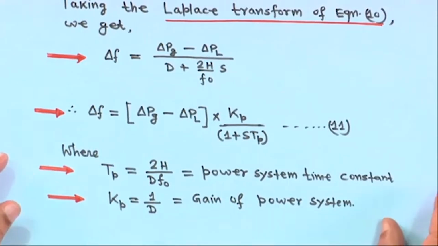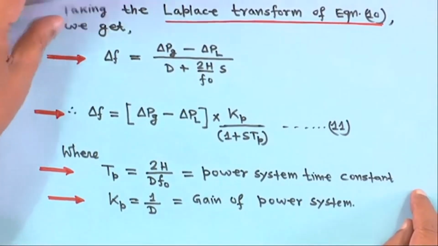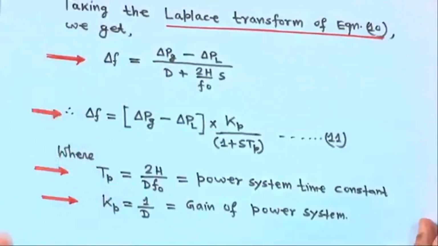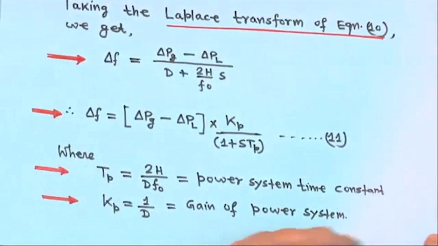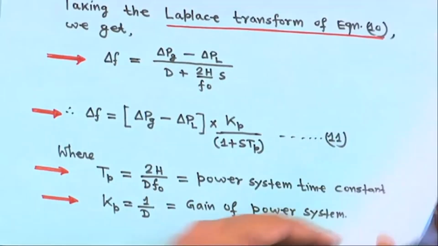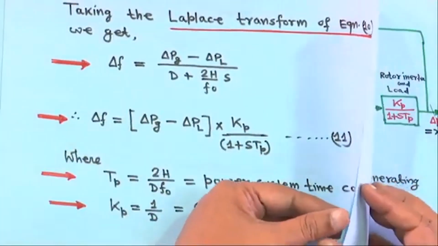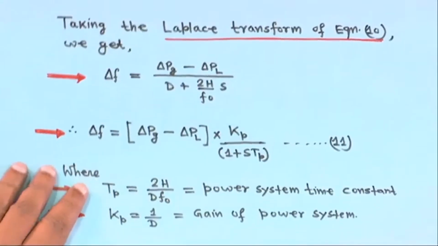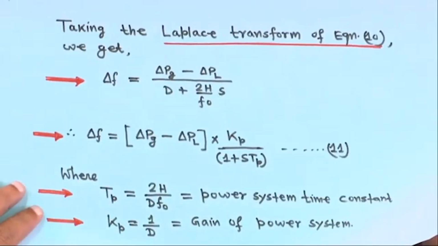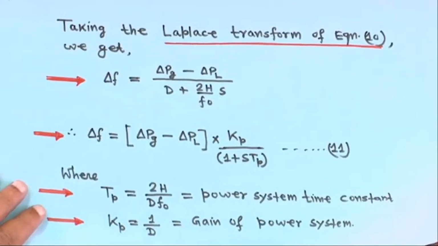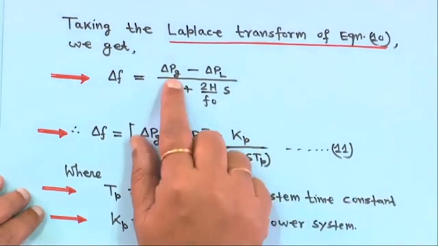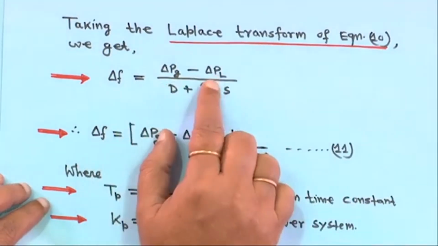So, with this we got the governor transfer function, the turbine, and the generator. Sometimes we call this the power system transfer function or generator transfer function. Once you get it, you combine governor, turbine and generator, because here we have related everything: delta Pg we have related to delta F, and of course delta PL is there.